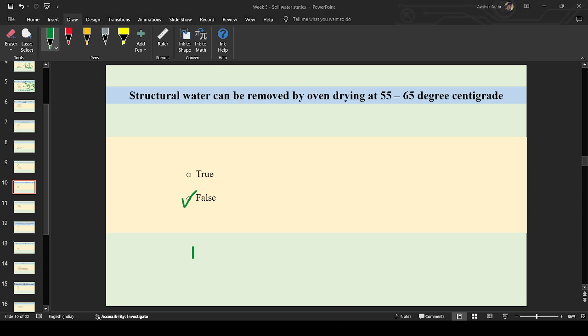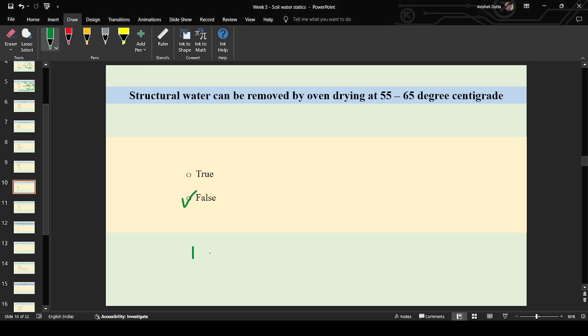Who is that? Dheeraj Raghuvanshi, is that you? No, 105 to 110 degree centigrade. Okay. This is the range we follow for oven drying of a soil sample.